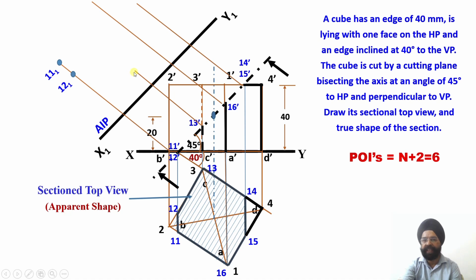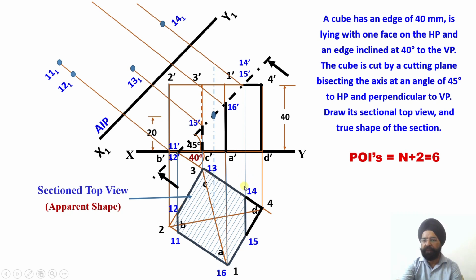Next POI is 13. So corresponding to 13, just see, this is the distance of the POI 13 from the XY reference line. So on the locus line of 13 dash, I am going to mark this distance over here. So the name of this point is 13,1. Next, I have got the next point, which is 14. So just check this out.